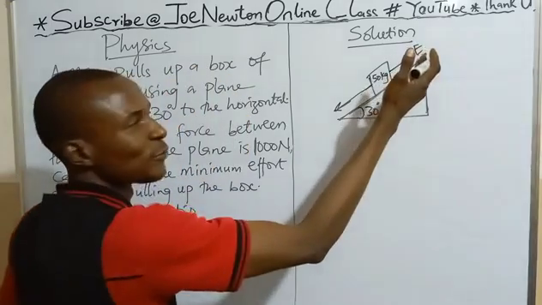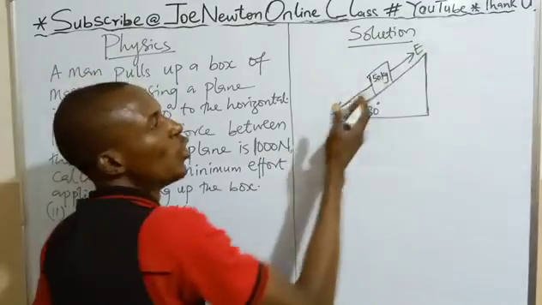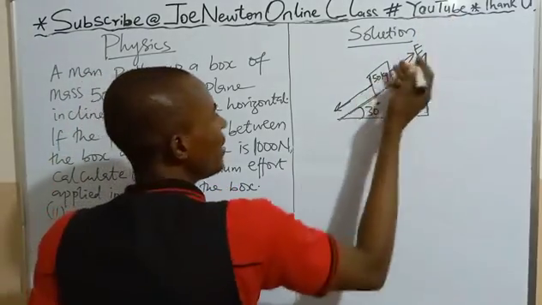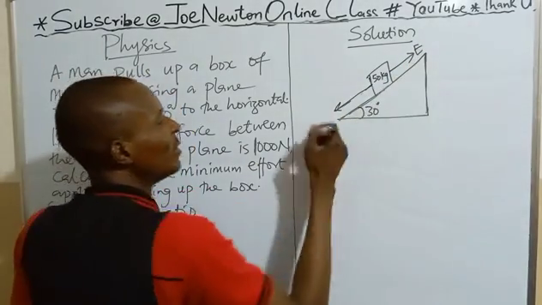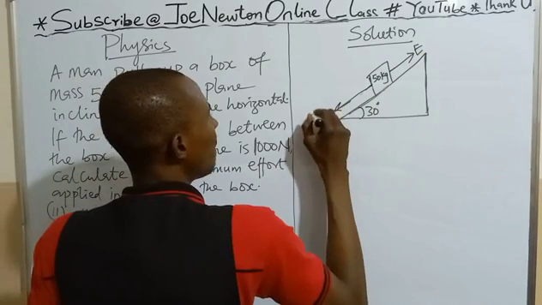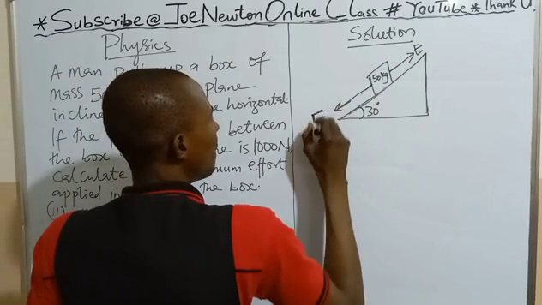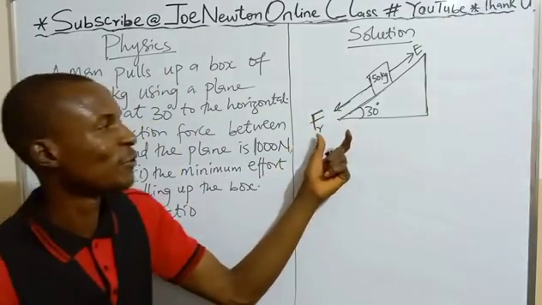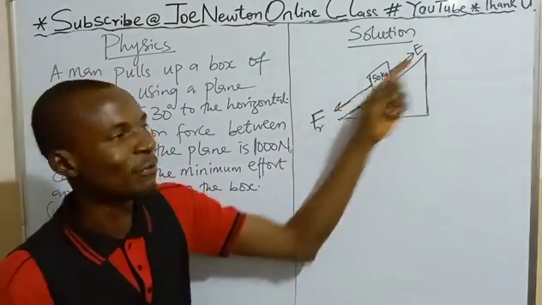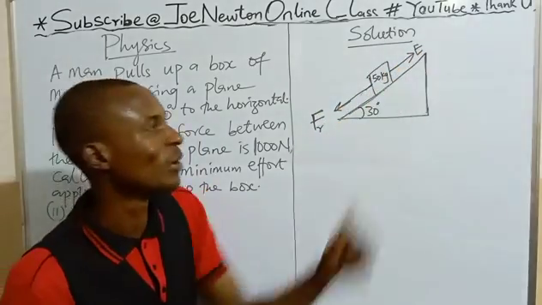This is the effort, since the man is pulling the body up the plane. Then down the plane, the frictional force is opposing the effort of the man. So let this be the frictional force opposing the force being applied by the man to pull up this object.